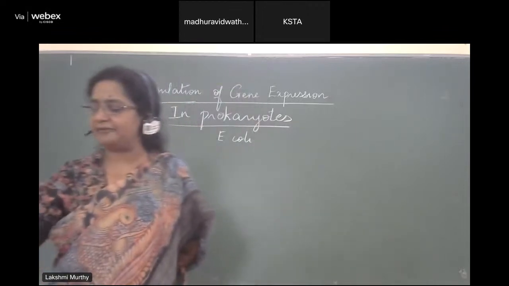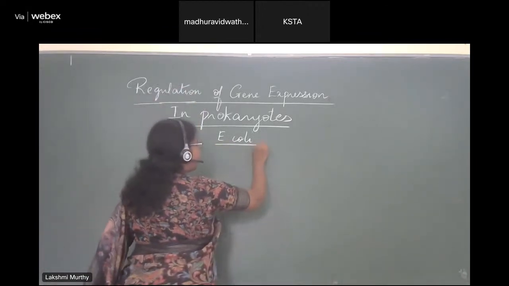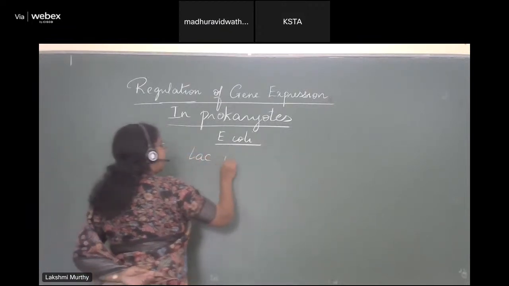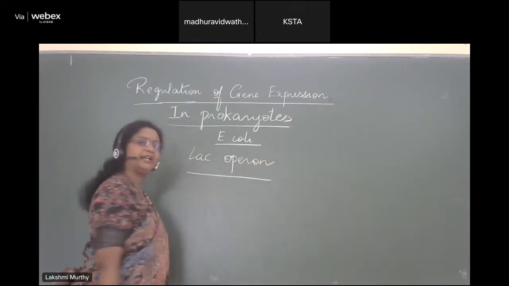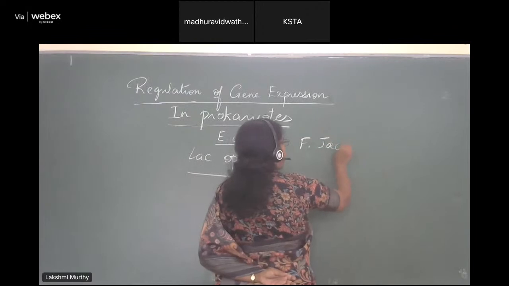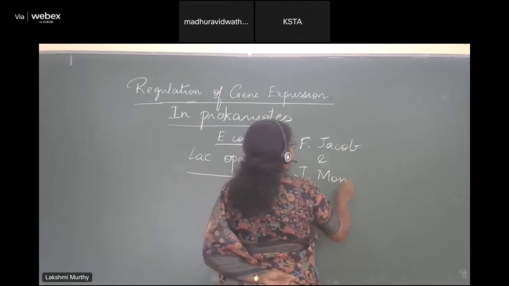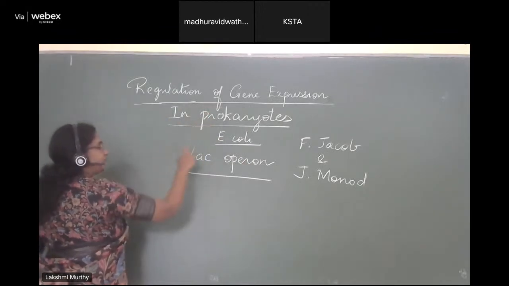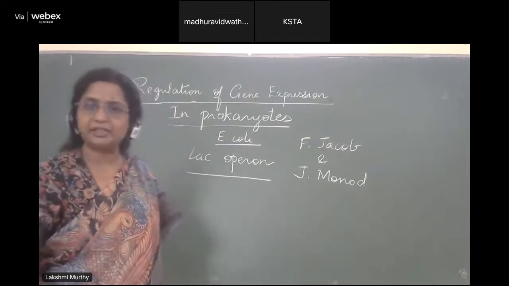And they were able to discover this regulatory mechanism in E. coli, and that regulatory mechanism is called the lac operon. This lac operon in E. coli was discovered by the two scientists, Francois Jacob and Jack Monod. These were the two scientists who discovered a regulation of gene expression called the lac operon in E. coli. And let us learn about it today.